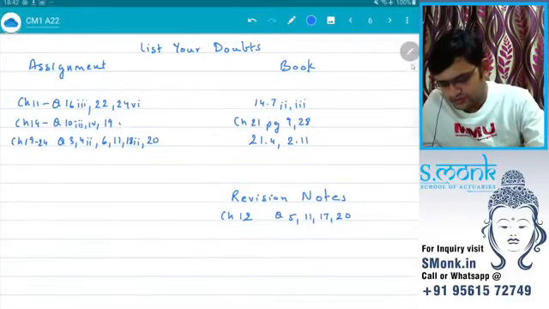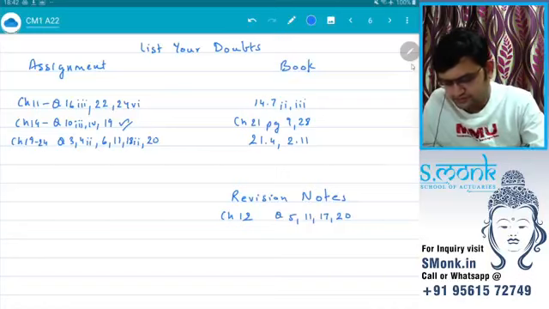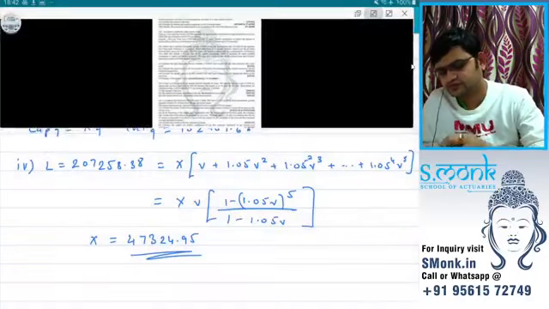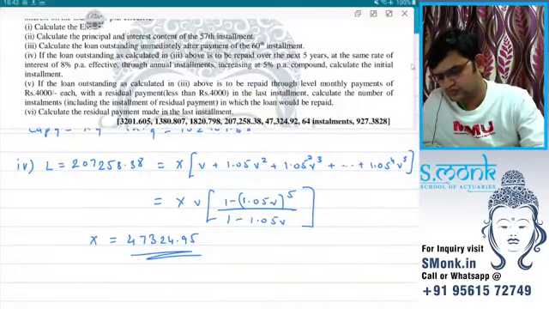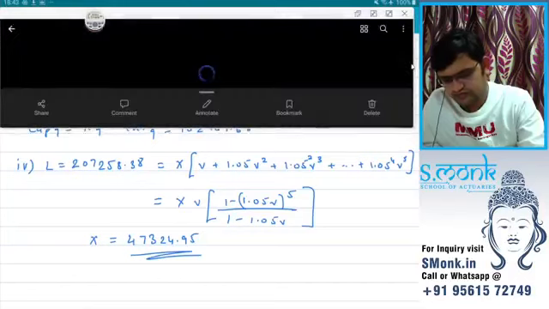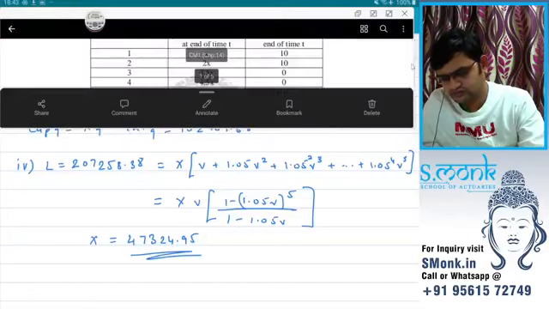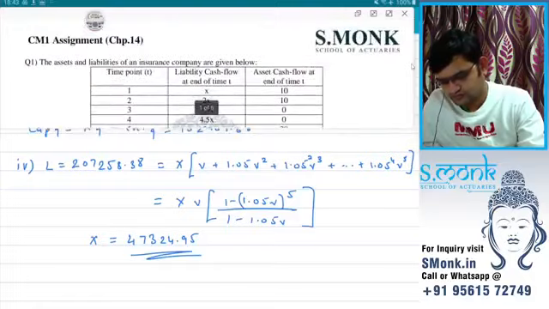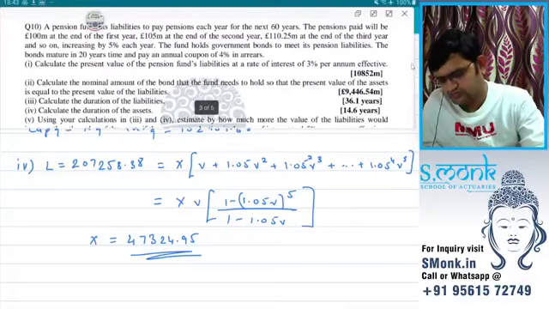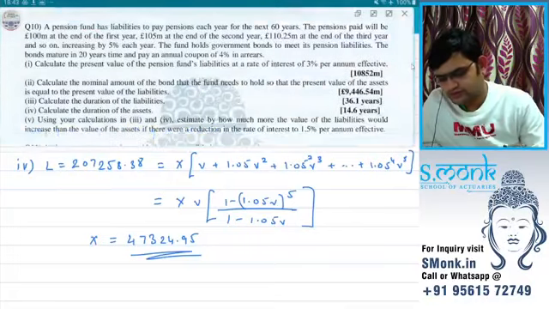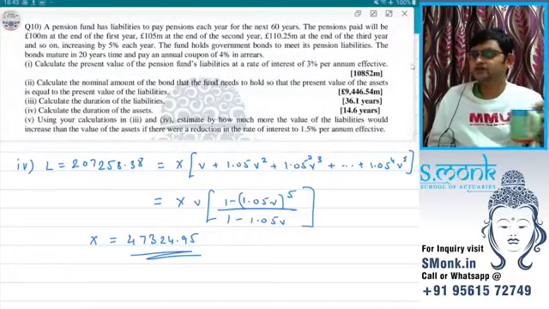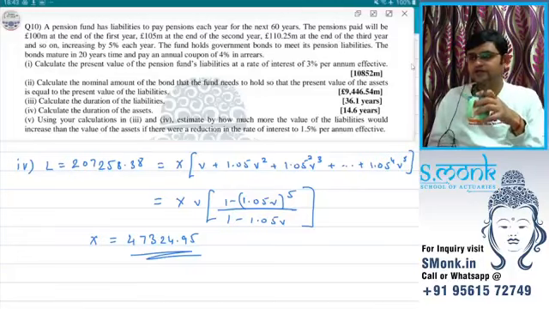now let's go to chapter 14 questions. Question 10. Pension fund has liabilities to pay pensions each year for the next 60 years.